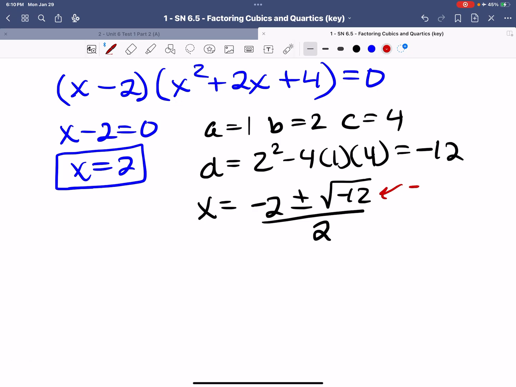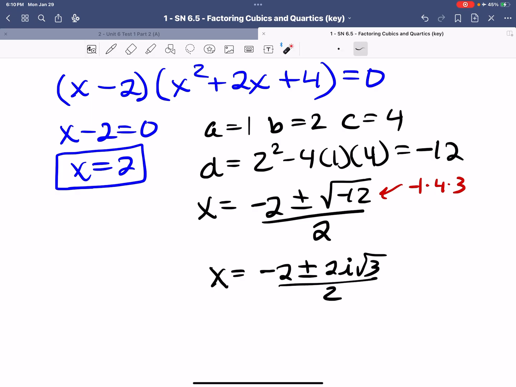Okay, I can break this up into negative 1 times 4 times 3. So I'm going to have x equals negative 2 plus or minus 2i square roots of 3 over 2. And then this reduces and this reduces, so they all reduce by 2.